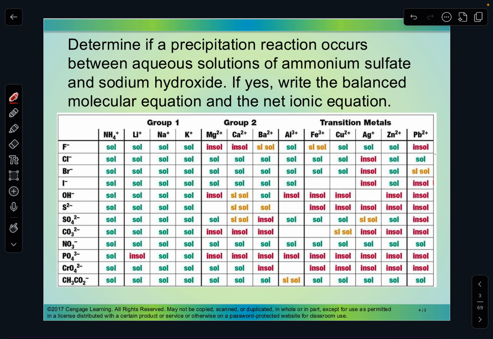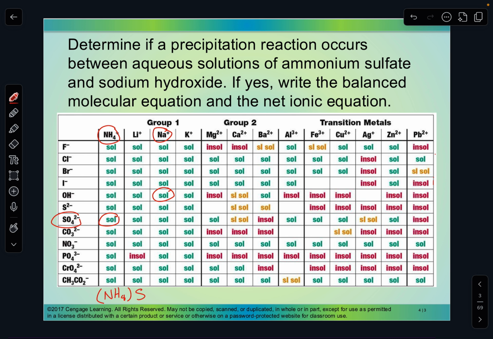Okay, so we have ammonium sulfate. That's something that's soluble. Then we also have sodium and hydroxide, something else that's soluble. I'm going to write it down here. NH4, we'll put this in parentheses.